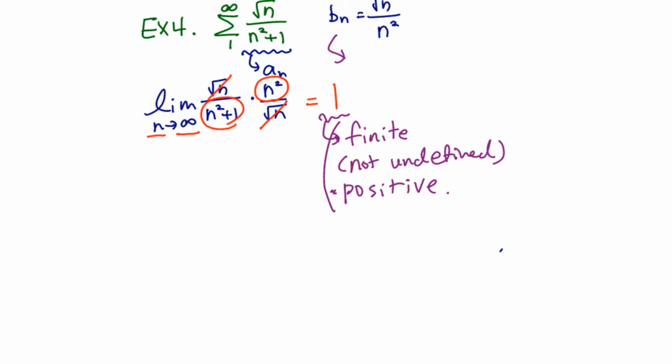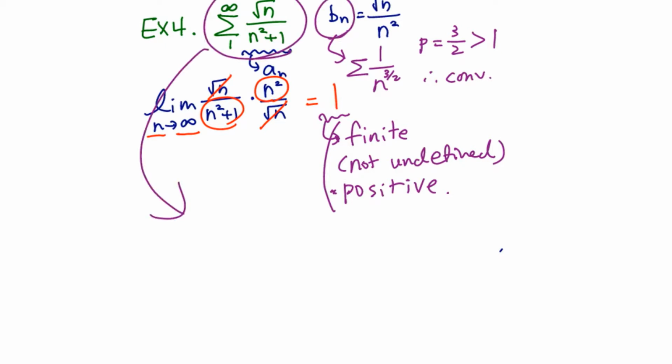It's n to the 3 over 2 power on the bottom, and 1 on the top. So according to the P series, in this case P is greater than 1, so it converges, right? So because Bn converges, An also converges because we got the finite and positive number.